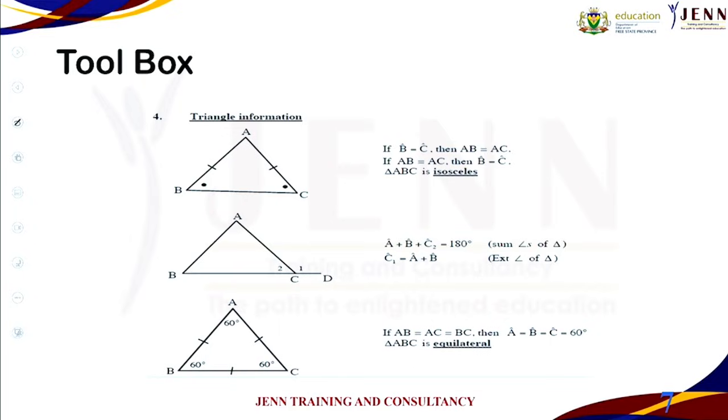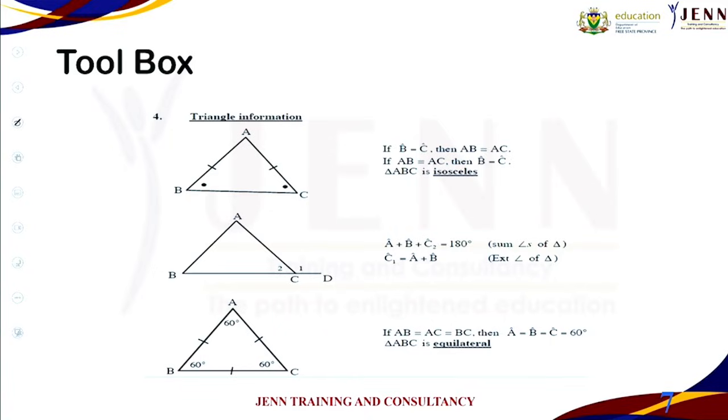And then under toolbox, you must also understand the triangle information. What does it mean? It simply means if triangle ABC is an isosceles, right? Now you are given angle B being equal to angle C. So let's assume that the sides are not there. You are not supposed to know the sides.